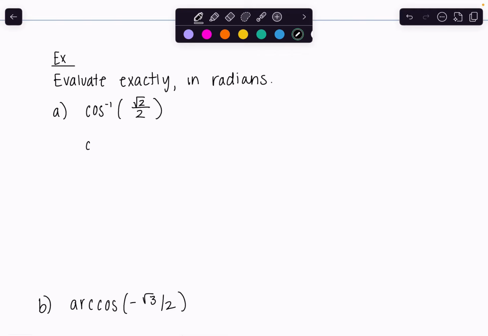So remember the output of this is going to be an angle, where this angle is in the interval from 0 to pi. Okay. So instead of thinking of it this way, this is the same as solving a different trig equation.